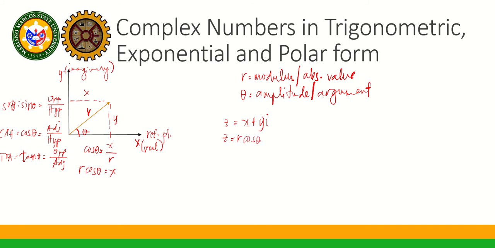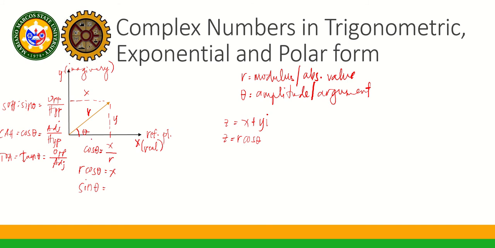And then, for y, how do we get y? So, gagamit tayo ng this one. We can use sine so that opposite and hypotenuse. Dapat involved pa rin si r, okay? So, we cannot use this one kasi wala siyang hypotenuse. So, dito tayo sa sine. So, sine theta is equal to opposite.